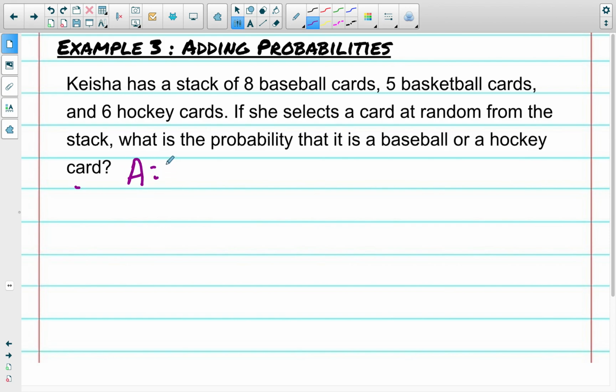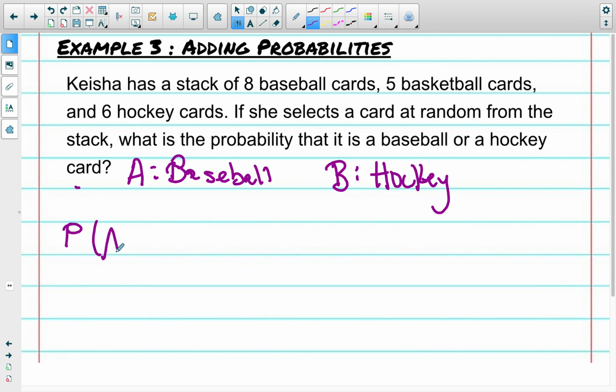So sticking with proper statistical notation, we're going to define our events. Let A be the event that the card is a baseball card, and let B represent the event that we have a hockey card. Then the probability of A or B occurring equals those two probabilities added together.